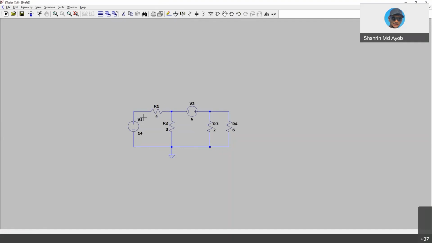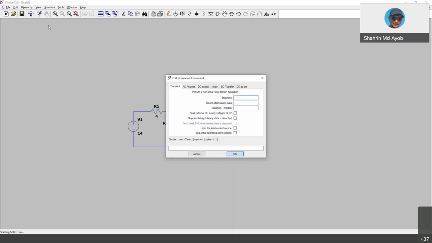So right now, if you want, you need to simulate it. For the simulation, you just click this icon, the running person in run mode. It will go to this menu. We have a lot of analyses: transient, AC analysis, DC sweep, and so on.